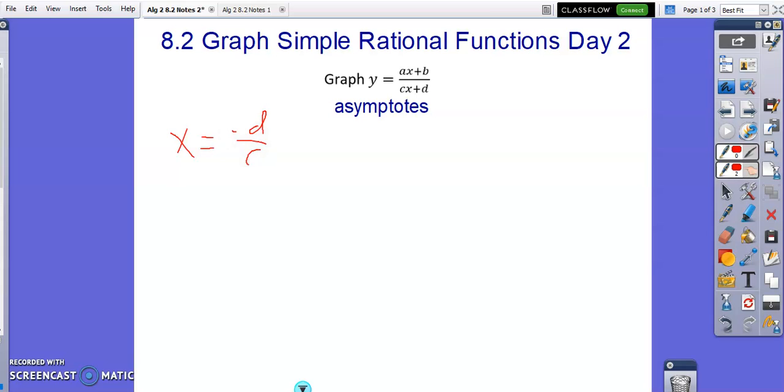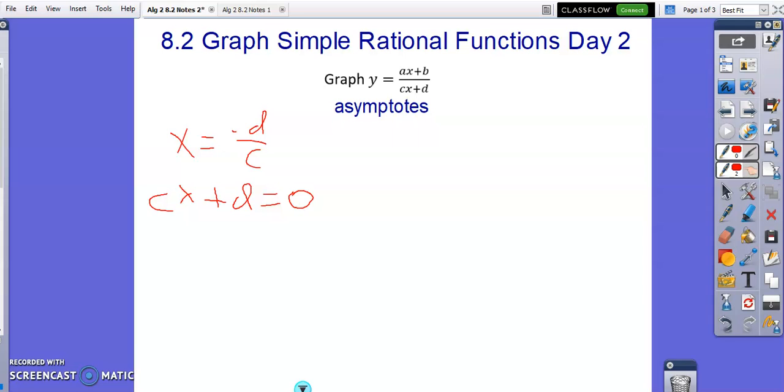Now this is not something that you're going to have to remember or memorize. It's easily found each time we do a new problem. It's from yesterday. We know one of the asymptotes occurred whenever the denominator was 0. It's that divide by 0 problem we had. So if we take the denominator, cx plus d, and set it equal to 0, we know that's not allowed.